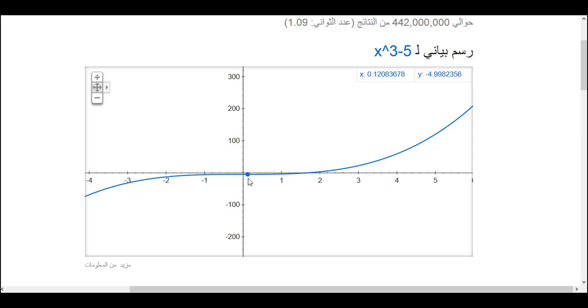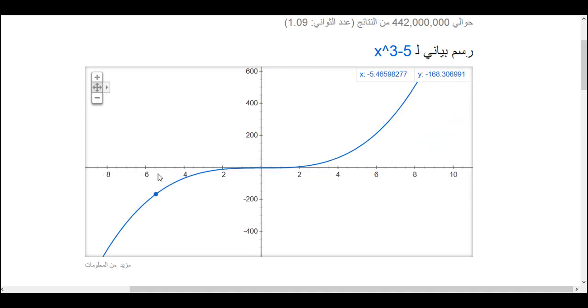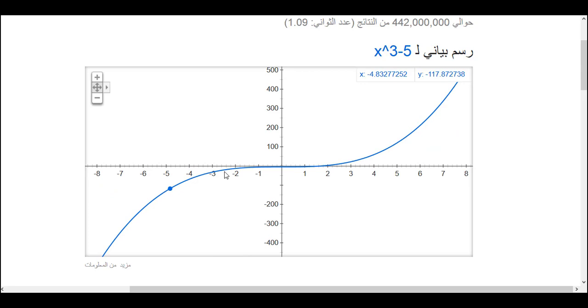I have 3 points. As you see, the value of the root does not lie between minus 5 and 0. It approximately lies between the 2 points 0 and 5. How can we get it without the graph?